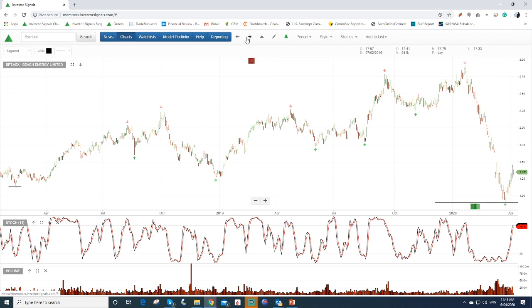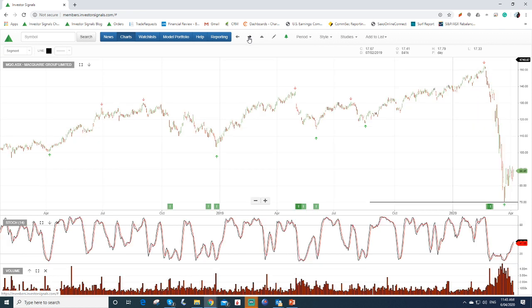Beach Energy. Probably a preference within the energy names is Santos and Origin, so you can make a note of that. And Macquarie.